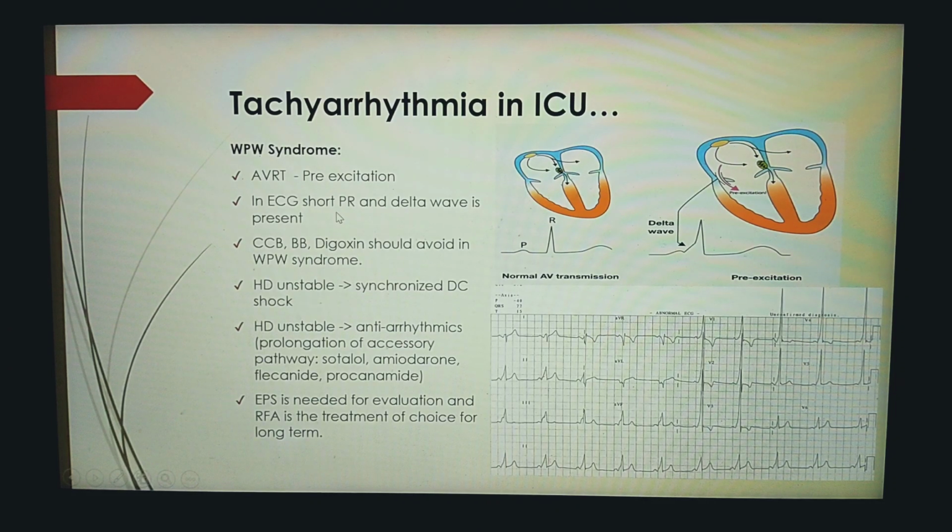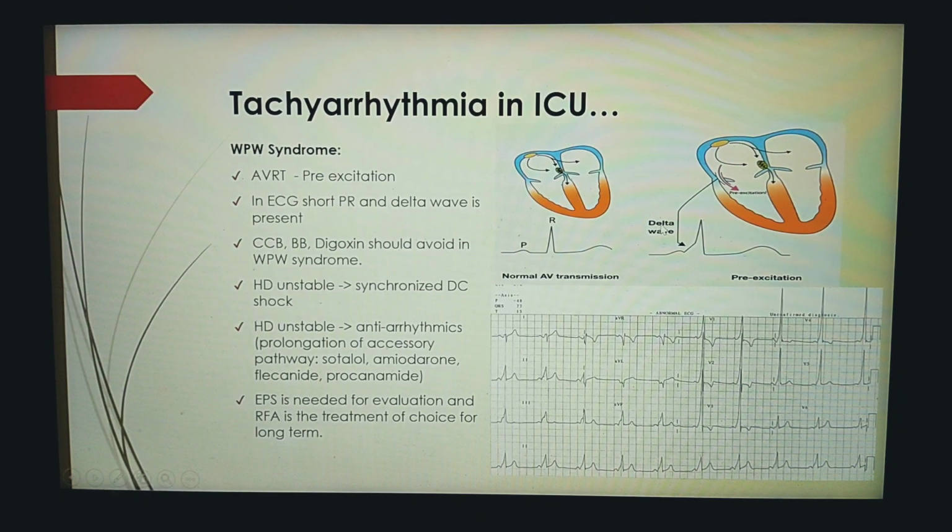Here is the supraventricular tachycardia in the form of WPW syndrome. Here, the atrioventricular reentrant tachycardia or pre-excitation: when the impulse doesn't go through the normal pathway, the impulse goes from the SA node to the AV node very fast, which causes the pre-excitation.